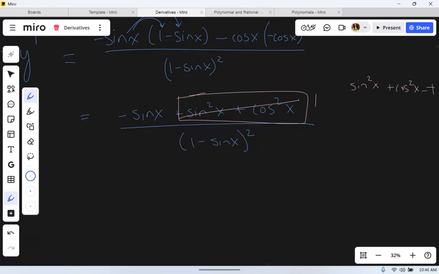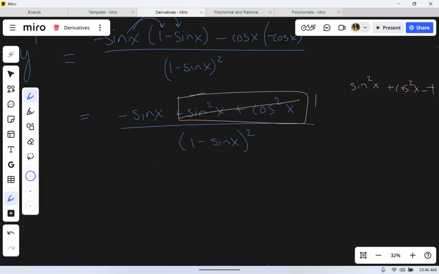Know every version of that. Sine squared is 1 minus cosine squared. Cosine squared is 1 minus sine squared. Or sine squared plus cosine squared is 1. Always know that and recognize that. If you don't know any other one, that one pops up more than anything else.